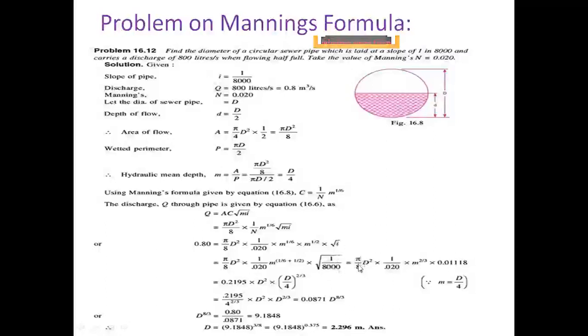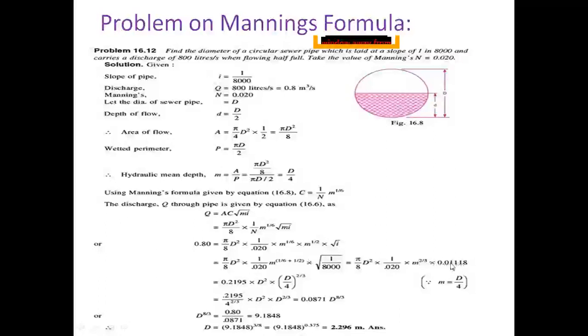Taking the common denominator and adding, we get 2 by 3, because 1 plus 3 is 4 over 6, that is 2 by 3, into 0.01118.